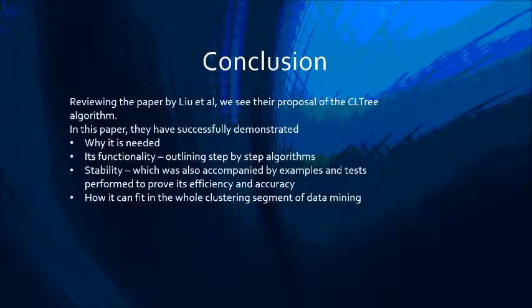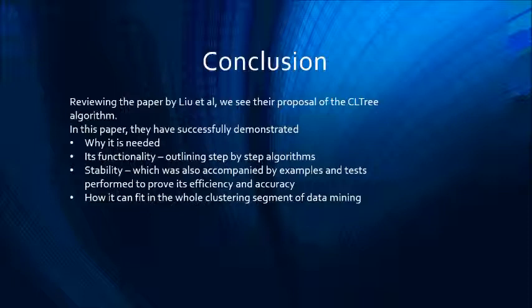In conclusion, after reviewing the paper by Liu et al., we see their proposal of the CLTree algorithm, in that they have successfully demonstrated why this algorithm is important and needed. They also show its functionality, outlining the steps of the algorithm and breaking it down step by step.